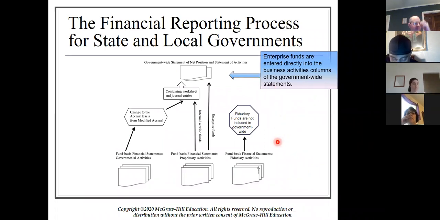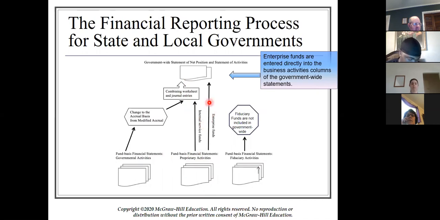So we looked at this diagram in the previous chapter. The governmental funds are changed from modified accrual into accrual basis. Then we have fiduciary activities that are not included. Then the proprietary activities, which are the business-like ones. If it's an internal service fund that provides services to the government, its activities are combined and all of these are put together.